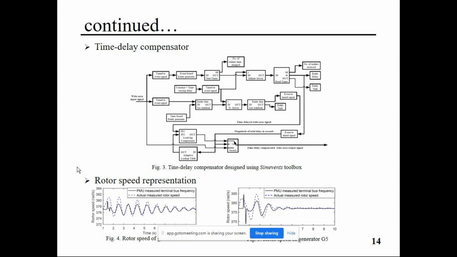Unless you compensate the delay, your control signal, taken as an augmentation, will not be a corrective decision for the local PSS design that you have made so far. So you have taken this time delayed signal, and correspondingly this compensation based on the event triggering.